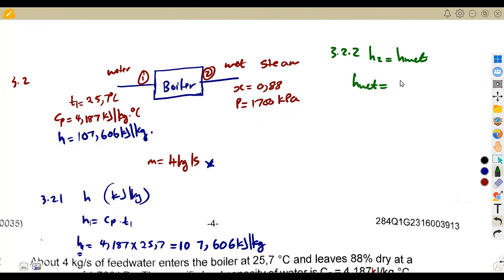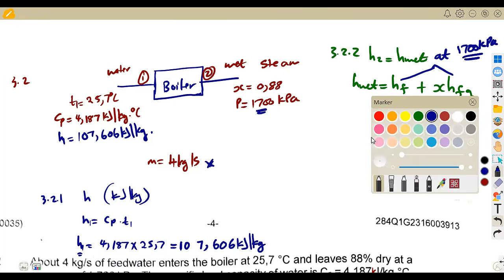Remember, H wet for the specific enthalpy is given as hf for water plus the dryness fraction times hfg for evaporation. Where are we going to find these hf and hfg at the given pressure? We are taking a pressure of 1,700 kilopascal. At this pressure, we are supposed to find our H wet.